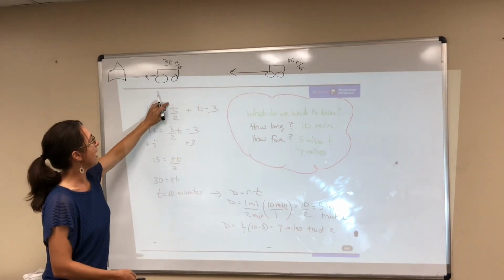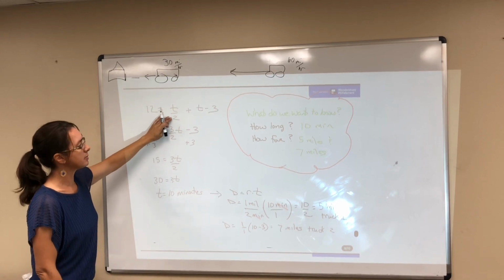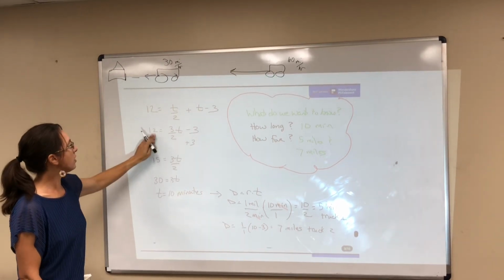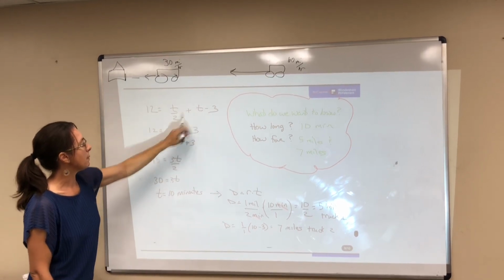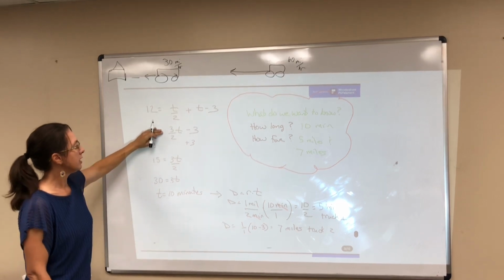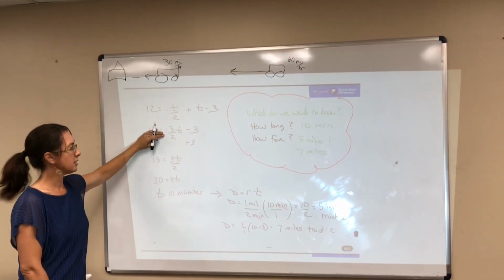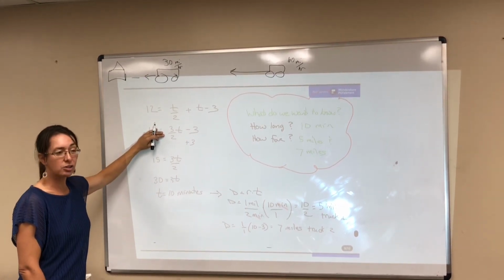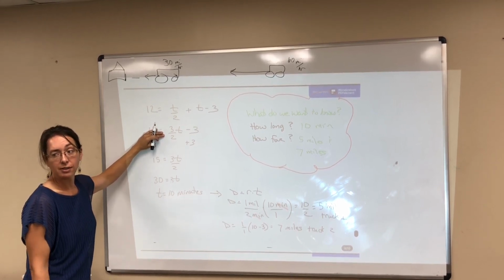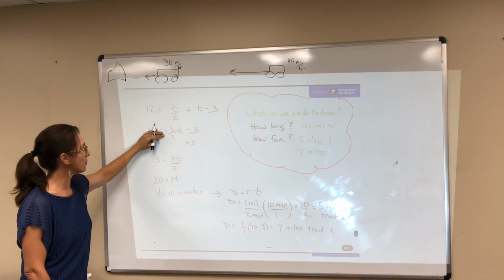So I had my t over 2, that was my 1/2 times t, and then our t minus 3. We've just multiplied that out. So 12 equals, we spread them out, so now we combine our parts. 1/2 plus 1 gives us 3/2. We're going to leave it as a fraction. I like working with fractions better than decimals. Other people go the other way around. It depends on what you're using.